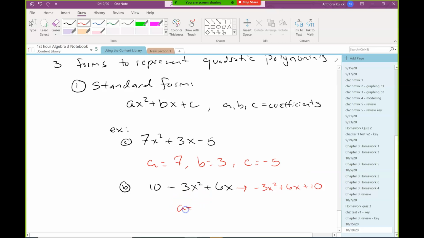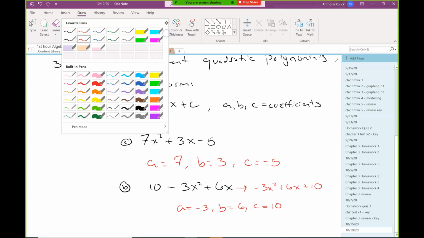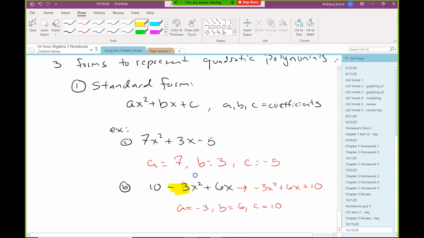So again, now we can see the value for the a coefficient would be negative 3. And the value for the b coefficient is 6. And the value for the c coefficient is 10. So the takeaway here is that the value for the a coefficient is the coefficient on the x squared, not necessarily the first coefficient in order.